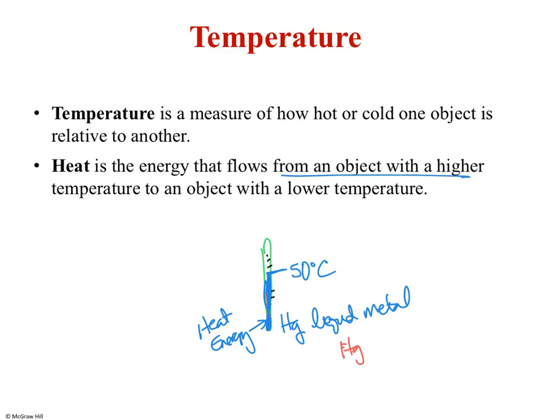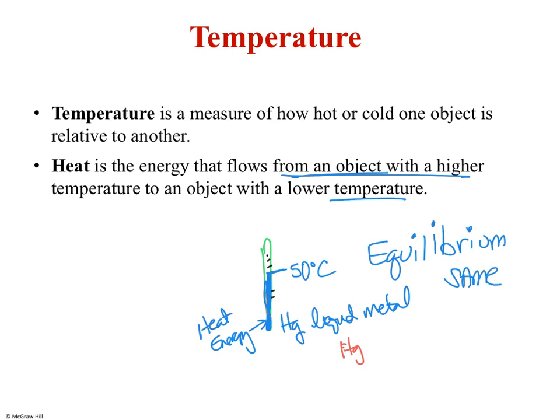Heat flows from an object with a higher temperature to a lower temperature. This is a new word. It wants to reach equilibrium. It's a chemistry word. And equilibrium means the same. It wants to get the same.